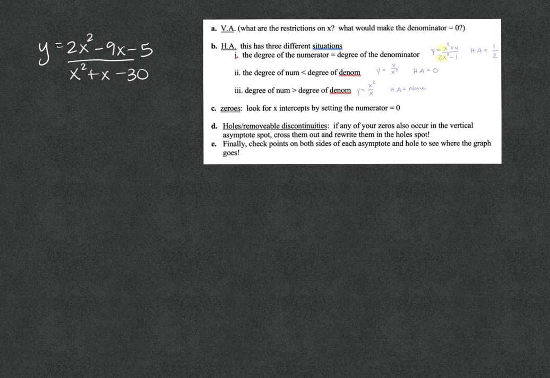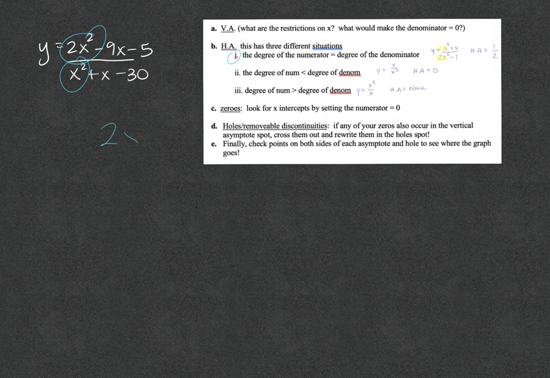If it's not in the easily translatable form that we were used to, when it's like this, we have a few options. We have to look at the highest degree. So in our case, our numerator is a second degree, it's an x squared, and the denominator is also a second degree, it's an x squared. And so if you look, we have situation 1, where the degree of the numerator and the degree of the denominator are the same.